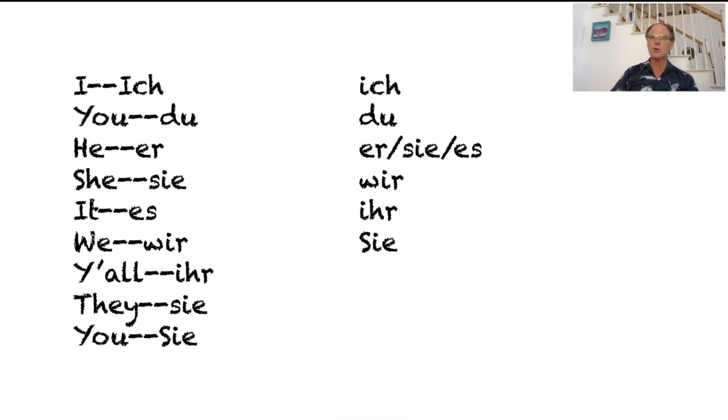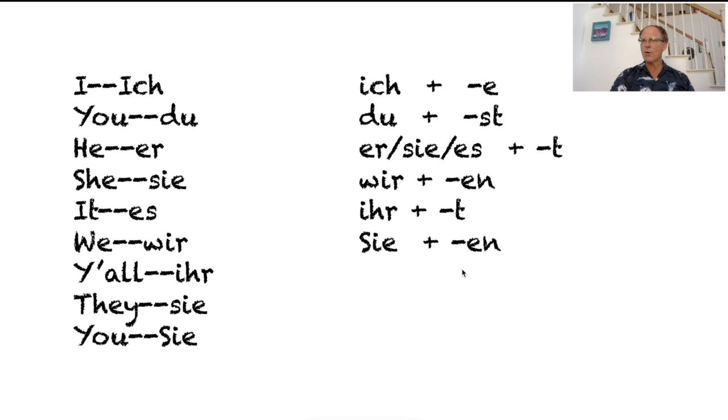Now, in German, the he, she, and it forms of the verb are usually put together because they have the same endings, the same conjugation. Now, also, the they form and the you formal form, the sie forms, have the same conjugation, so they will be all together in one all-encompassing sie at the end.